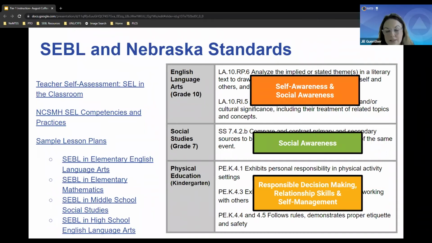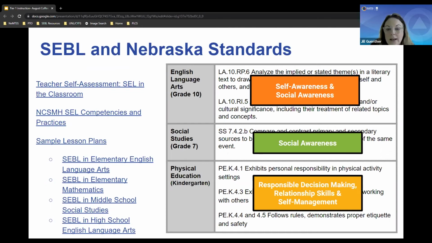On the other side of this slide, we have some great resources for you. That first one is a teacher self-assessment for SEL in the classroom. It looks at different SEBL skills and can provide great information on strengths within your own classroom, and some areas to continue to build on as well.